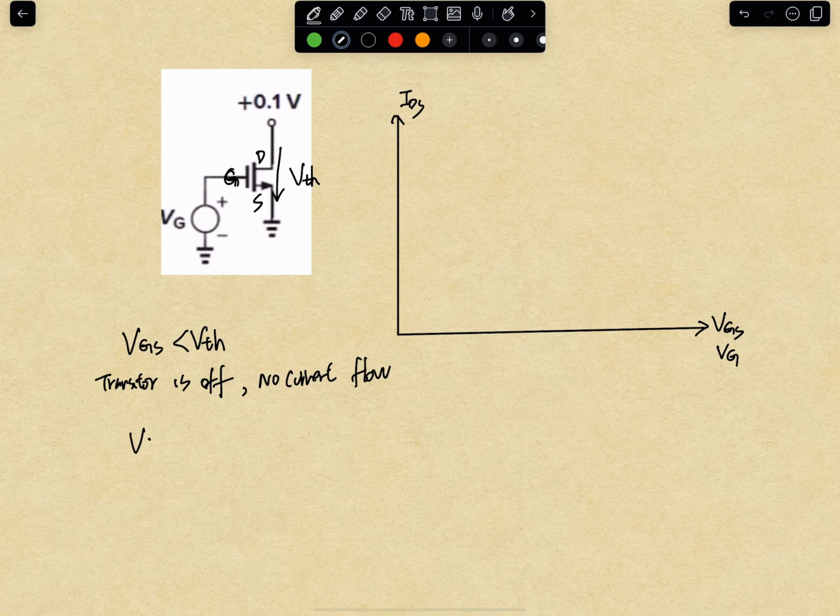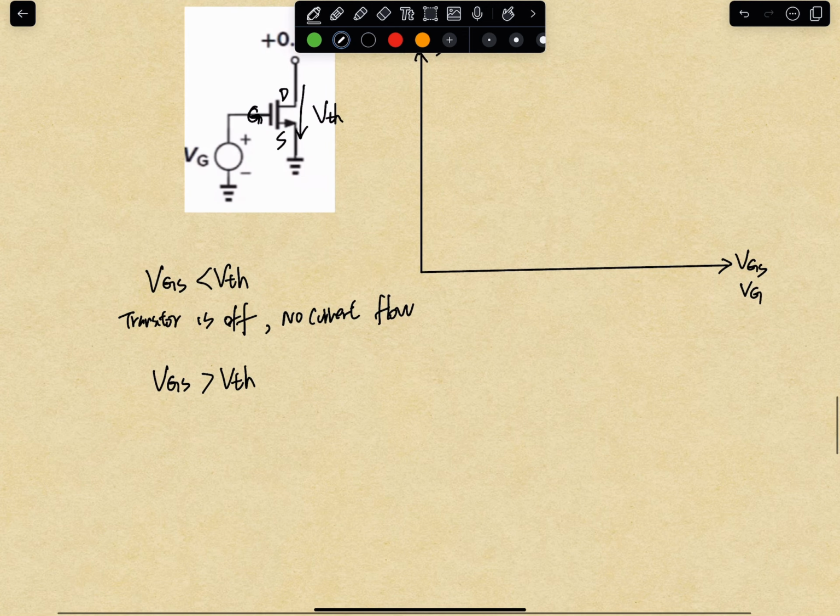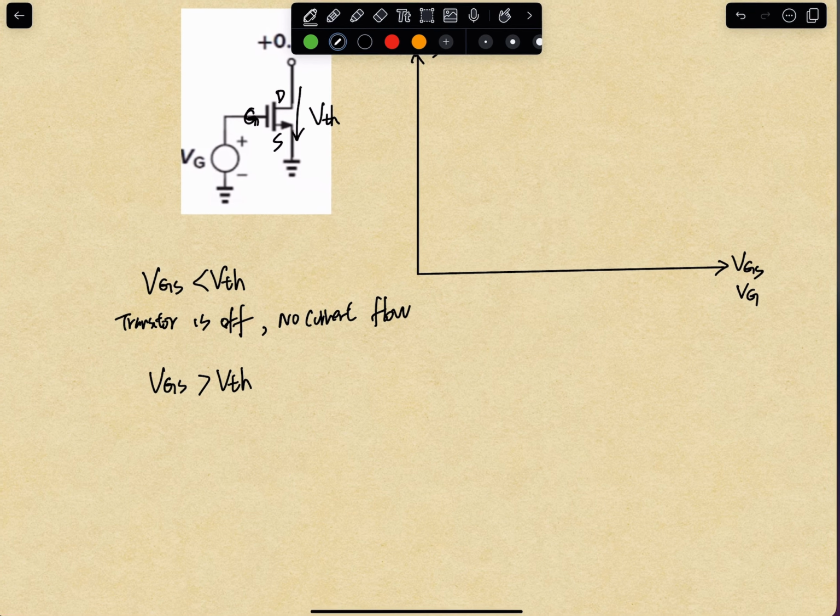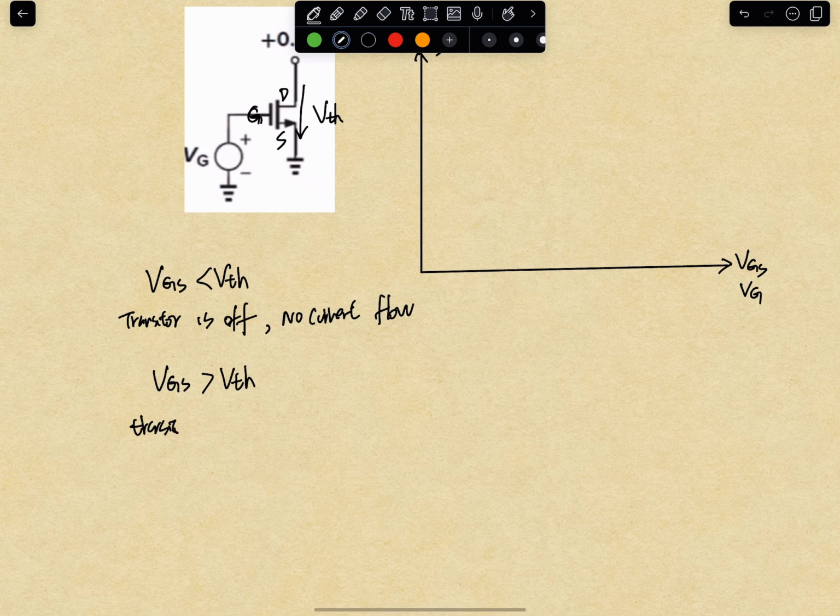When the VGS is greater than VTH, the transistor is on, and then there will be current flow. The current IDS will increase as the VGS increases, but beyond a certain point it will no longer increase.